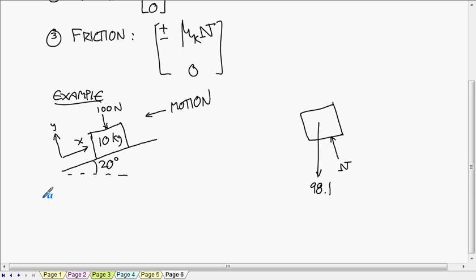So this time we're going to do it with friction. And let's say the coefficient of kinetic friction is 0.1. You could make problems where you had to solve for that, but almost always it's given. Right. Yep, that's exactly right.